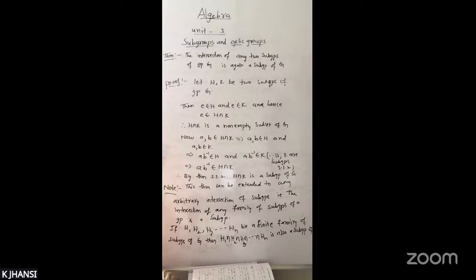So you have the theorem one. What are the conditions for that one? Next one is: the union of two subgroups is not necessarily a subgroup.